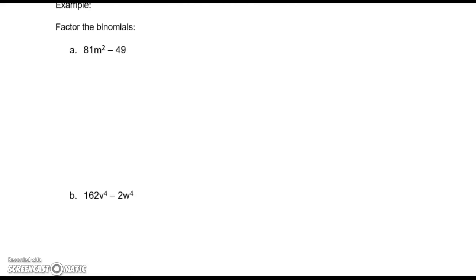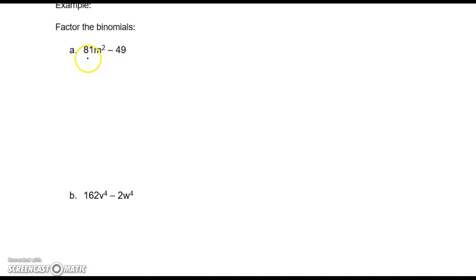Here we're going to factor the first binomial. The first one is 81m squared minus 49. These two, 81m squared and 49, are both perfect squares, and the operation here is subtraction, which means we can go ahead and use our difference of squares method.